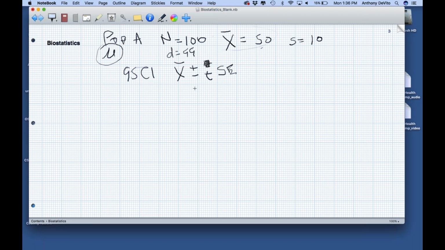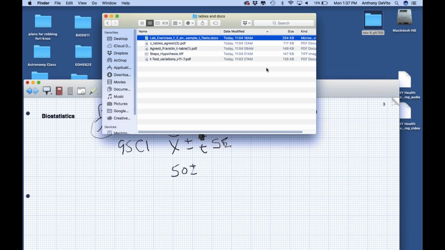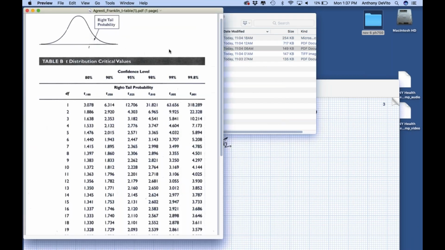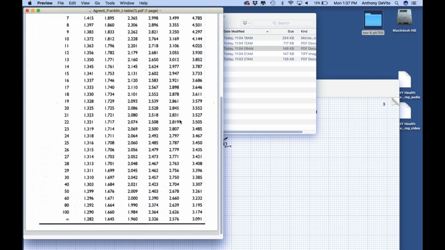So now how do I calculate this? First of all, I know x bar came out to be 50, plus or minus the t-score that I need for that sample size. On Blackboard for today's session, in addition to these various other things, I also gave you the t-table. Here's the t-table. We're only interested in the critical value of t that represents our sample size.